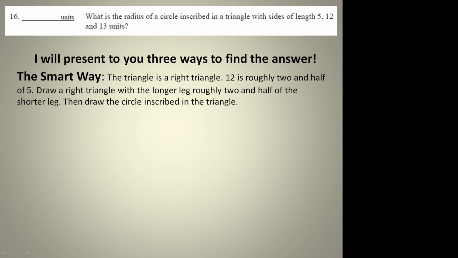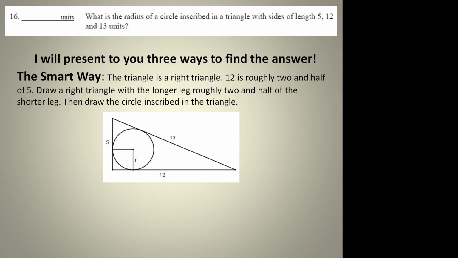The smart way: first, you should recognize that 5, 12, 13 is a right triangle because 5 squared plus 12 squared equals 13 squared. And if you observe that 12 is roughly 2.5 times 5, you simply draw a right triangle with one side 5, and the other leg approximately 2.5 times this side.